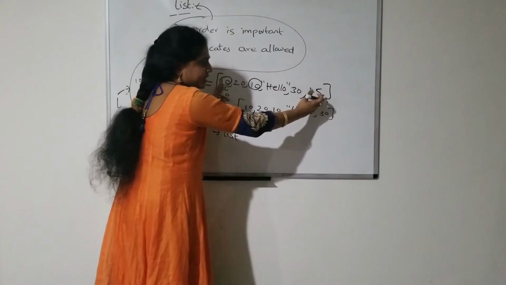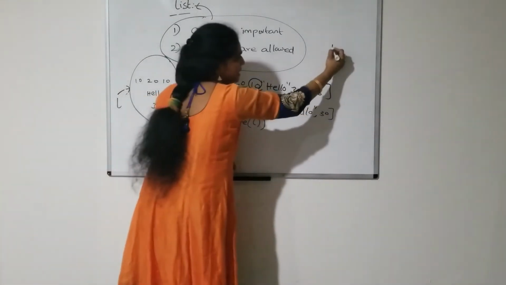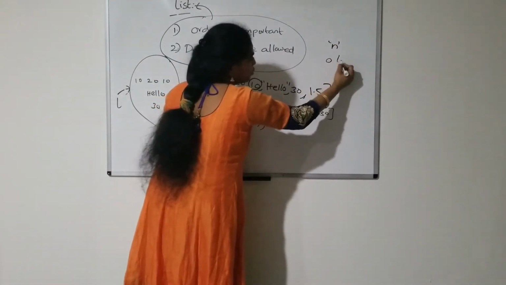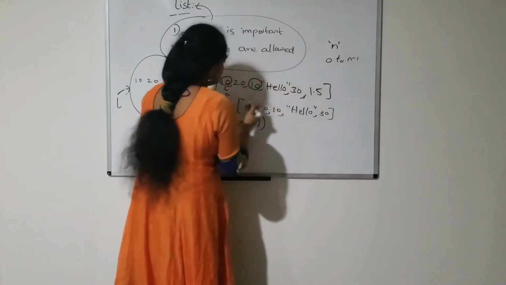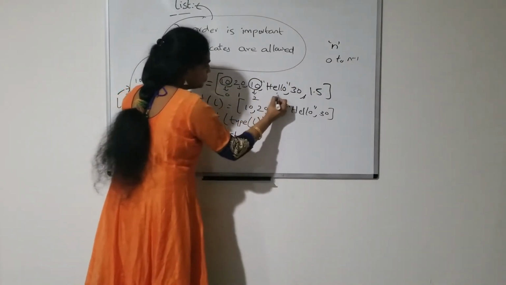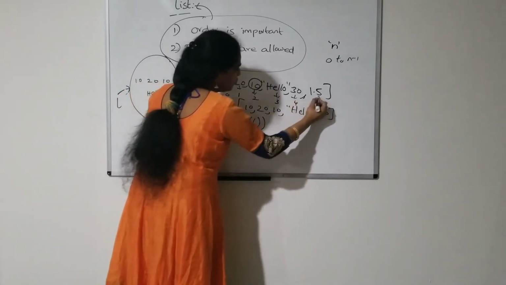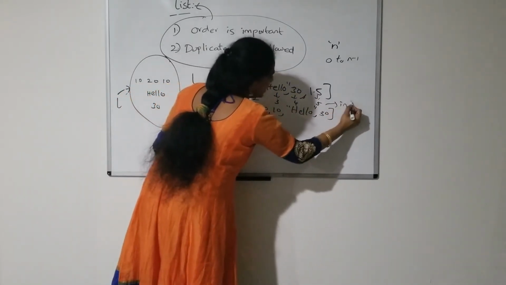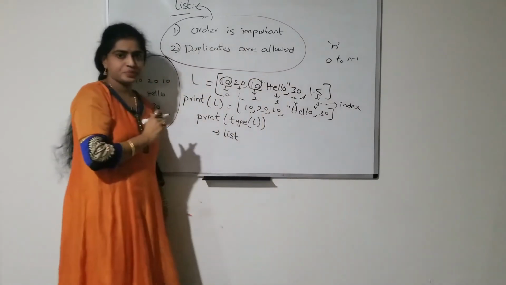If the list contains n number of elements, then the index will be from 0 to n minus 1. So 0, the index for 20 is 1, 2, 3, 4, 5. So these are all index values.